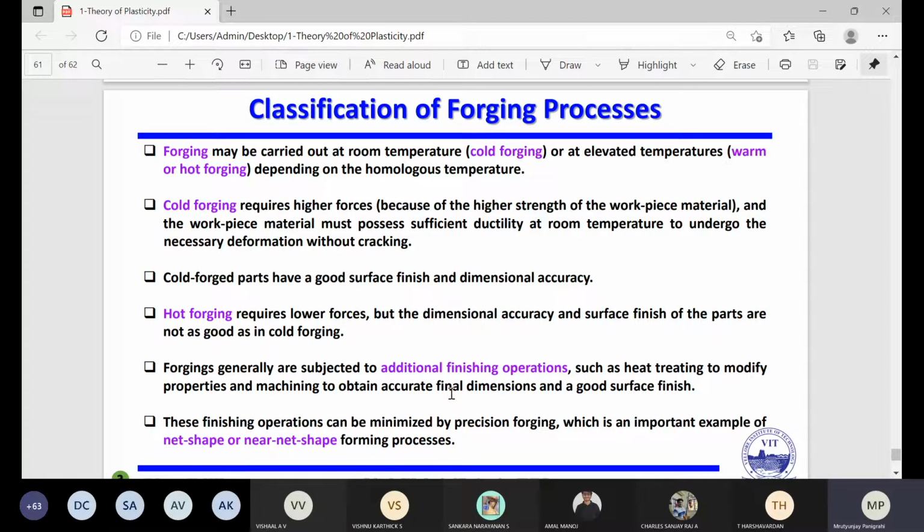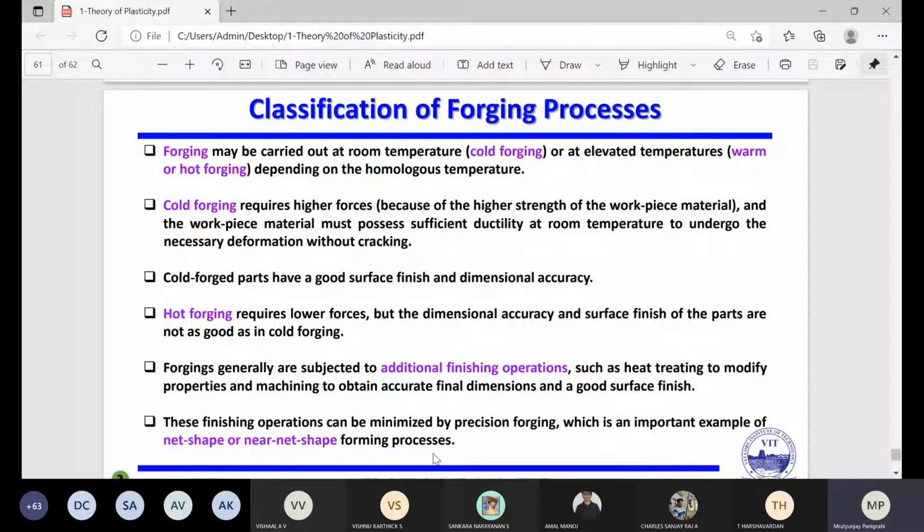For example, somebody at the beginning of the class was asking about shear stress when cutting. A big billet or plate is coming, and if it is thick, it is very difficult to roll it, so you have to cut it into small pieces. These finishing operations can be minimized by precision forging, which is an important example of a net shape or near net shape forming process.